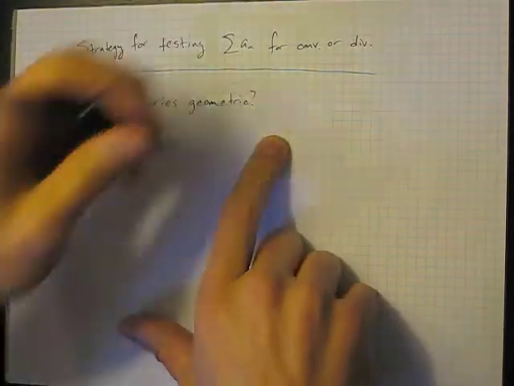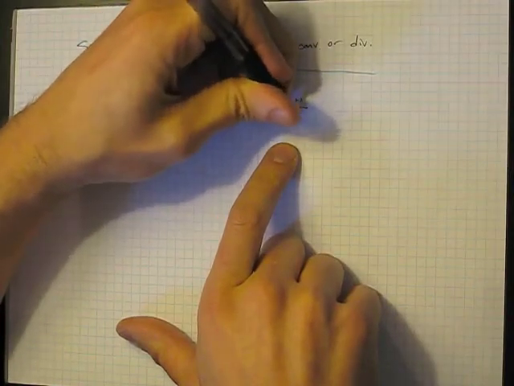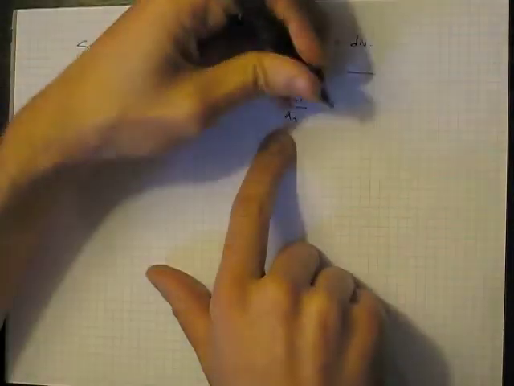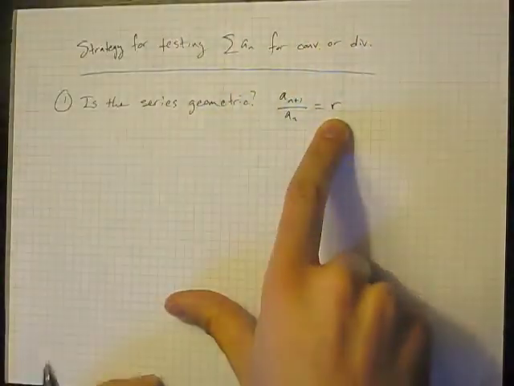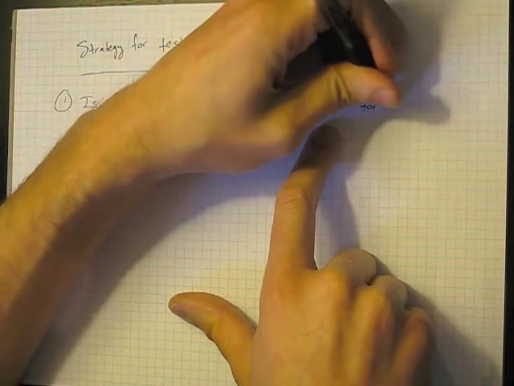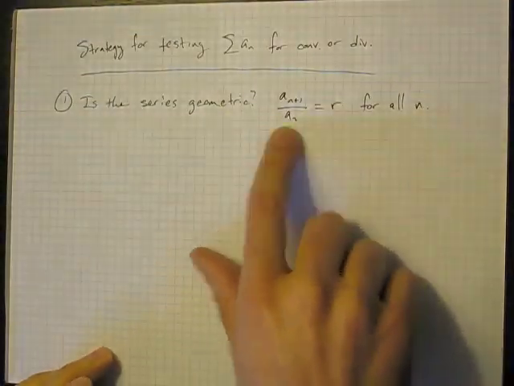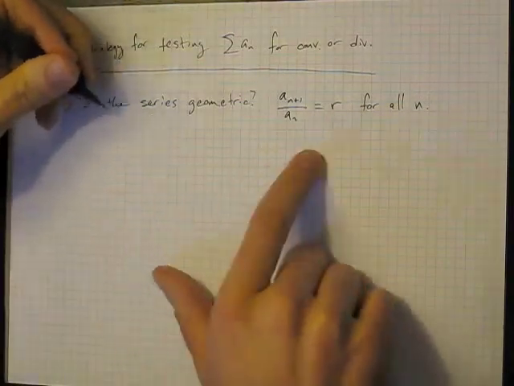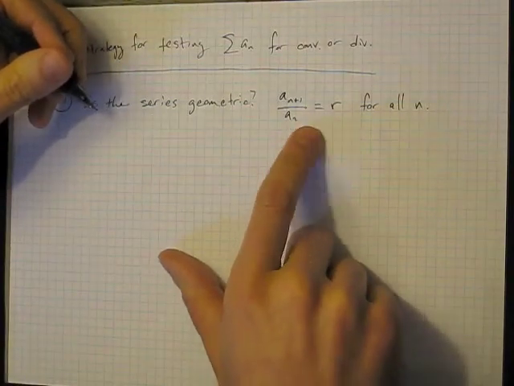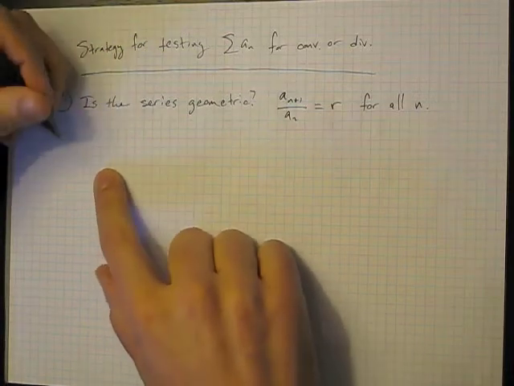That's just seeing if you take the ratio of one term to the term that came before it, is this equal to some constant for all n? If that's true, then the series is geometric, and so we know how to determine the convergence or divergence of such a series already.